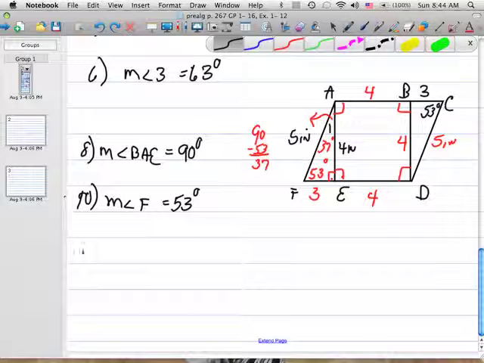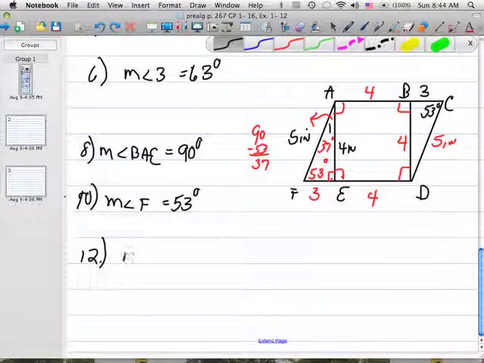And number 12, the measure of angle 1. Angle 1 was 37. Be sure you put the shape in the middle of your paper, show how you found angle 1. And then that concludes the evens.